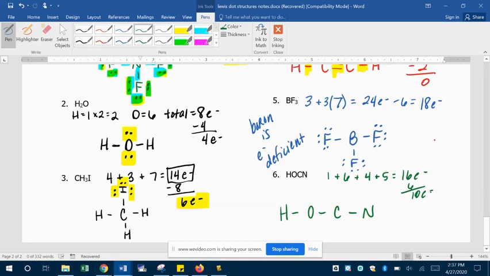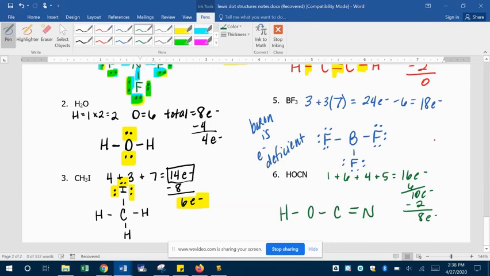Because I only have 10, I'm going to need to add another bond. Let's try adding it where it's needed the most, which would be on our nitrogen. In drawing that new bond, I used 2, so I have 8 electrons left, but I still need 2, 4, 6, 8, 10 electrons.